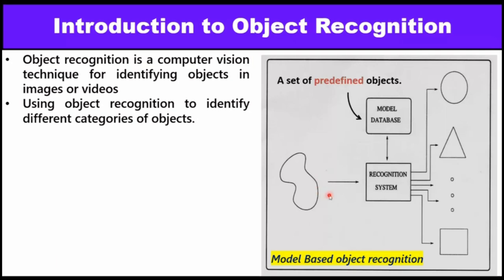That is the process of normalization. Then it will be compared with our reference database, the model database. If it matches, we say the object is recognized and we declare that this object is this. This whole process is called model based object recognition.